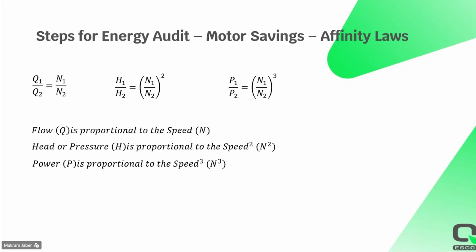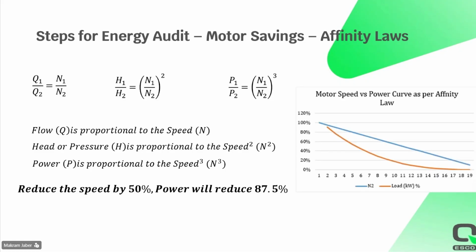So if we reduce the speed by 50%, the flow will be reduced in the same way, because flow is proportional to the speed. But the pressure head is proportional to the square of the speed, the speed to the power 2. And the power is proportional to the speed to the power 3.